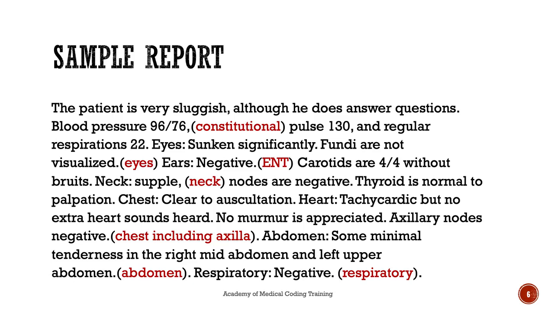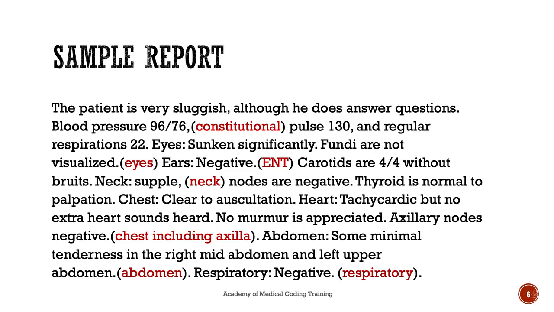Now, similar to the review of systems, we can count an organ system or body area whether the finding is negative or positive. So it's not that we have to count only the positive findings. We can count the negative findings as well, as here in case of ENT. Then we have findings of carotids, bruits, neck supple.